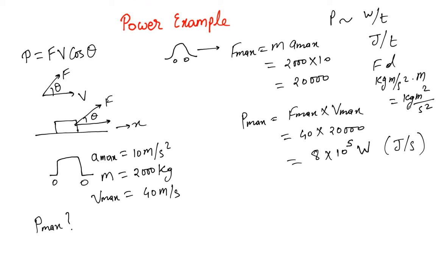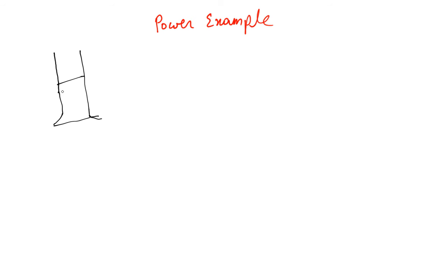Let's take one more example. So what we have is a lift. Now this lift, we have these two rails, and there's a lift that can go up and down on these two rails.